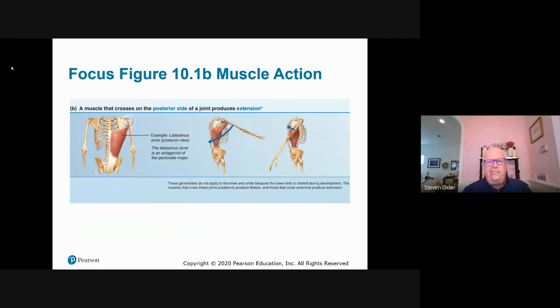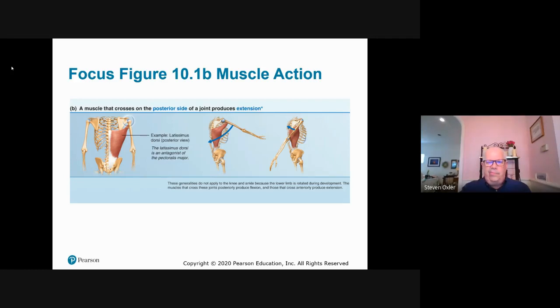If the muscle is on the posterior side of the joint, like the latissimus dorsi in my back, it will produce extension. So an anterior muscle produces flexion, and a posterior muscle produces extension.